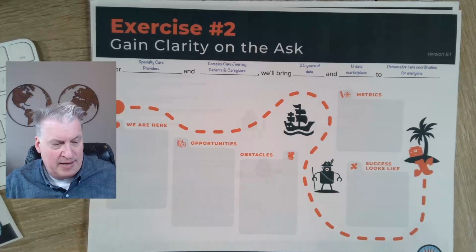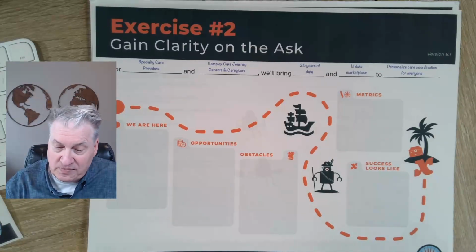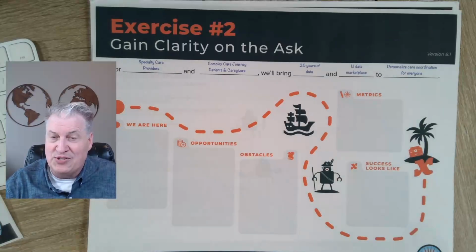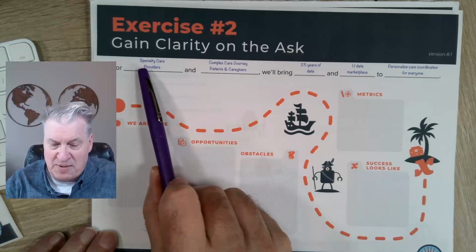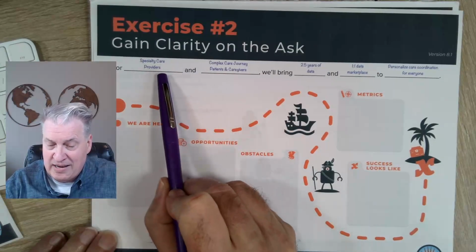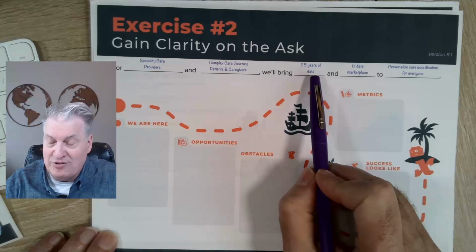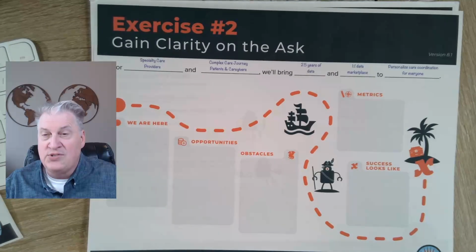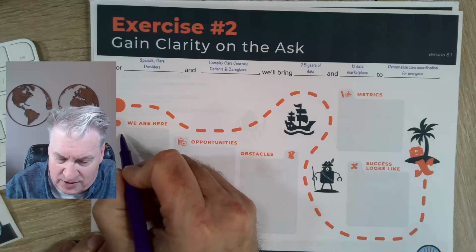And when I work with clients, here's the next logical step to that. And we actually do this as part of a road mapping exercise where we're saying, so same thing, we just transfer this over. So remember, here's what we're doing. And so for specialty care provider, these complex care journey patients and their caregivers, 25 years of data, and so on. And so what we're going to say is, where we are right now.